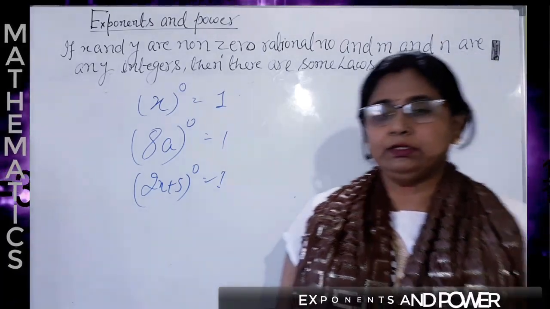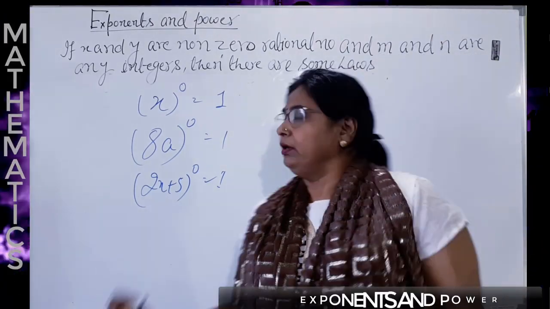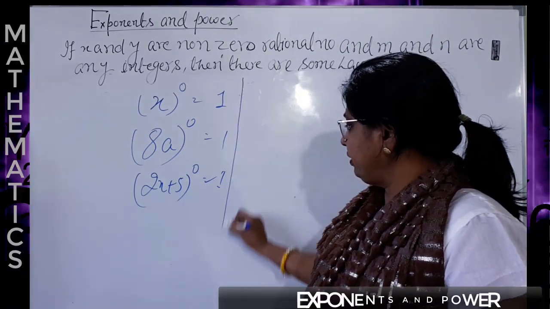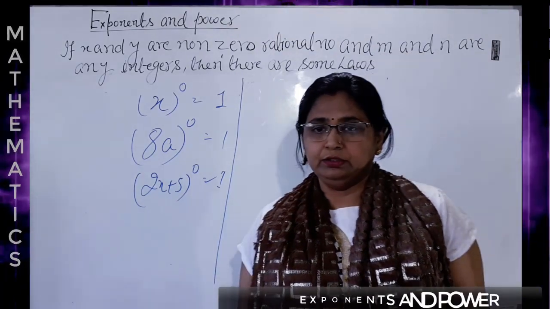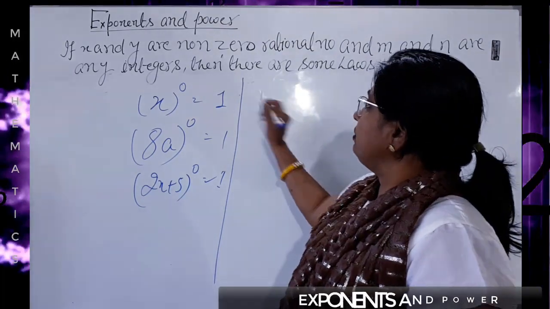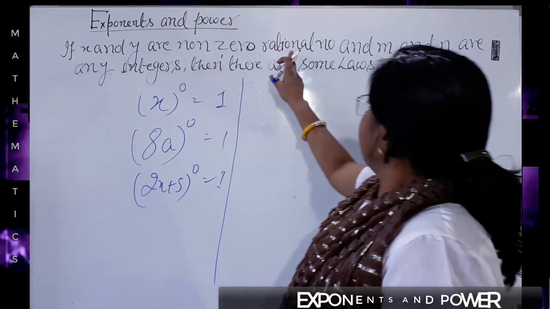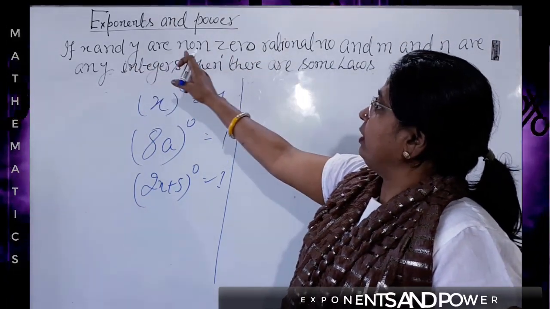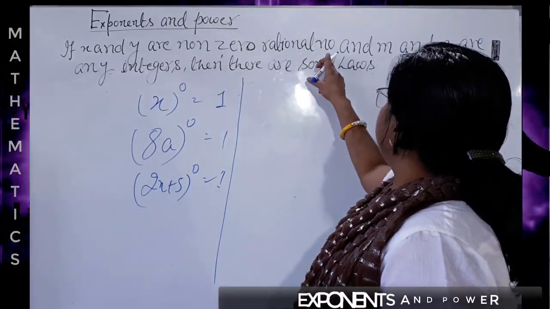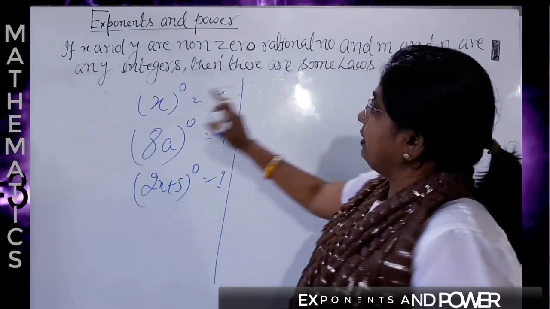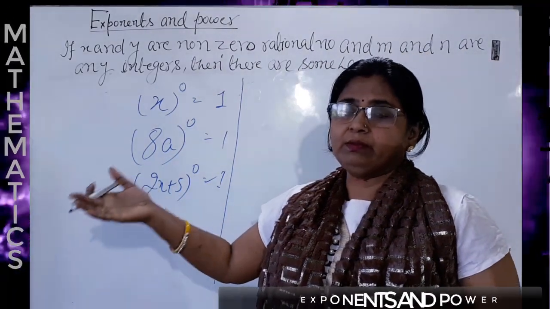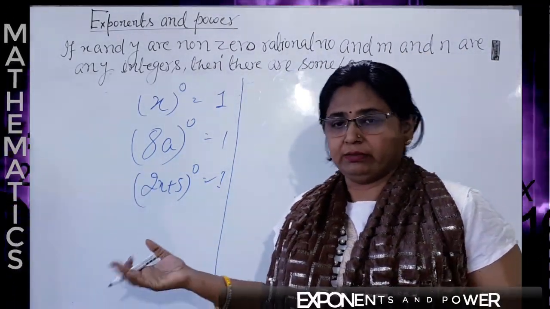Now negative integral exponent. Now I am explaining negative integral exponents. If x and y are non-zero rational numbers and m and n are any integers, they may be positive or negative.